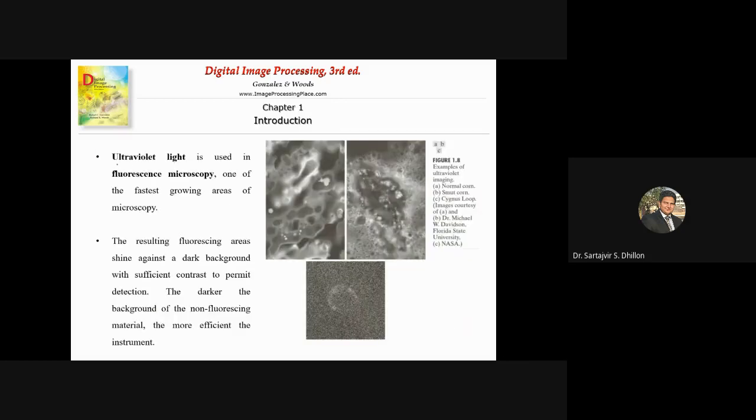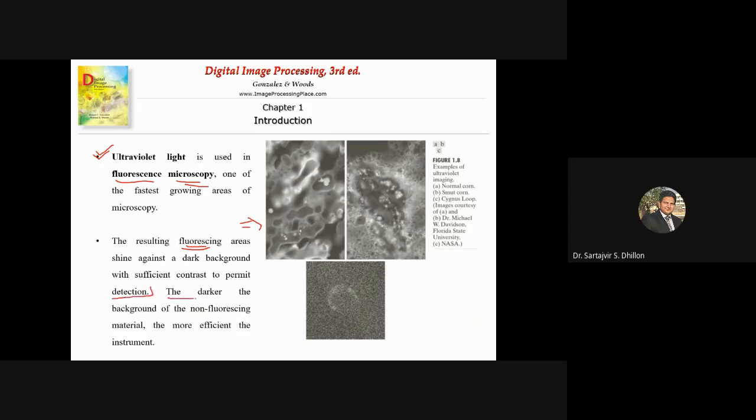Now, the third application of digital image processing is based on ultraviolet light, which is extensively used for fluorescence microscopy. What is fluorescence microscopy? It is one of the growing areas of microscopy, and these are the resultant images, in which the fluorescing areas are shining against the dark background with sufficient contrast to permit detection.